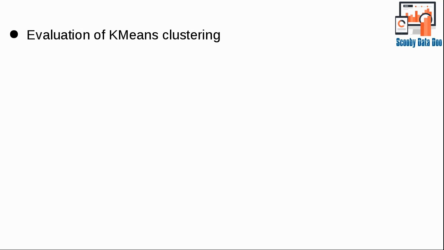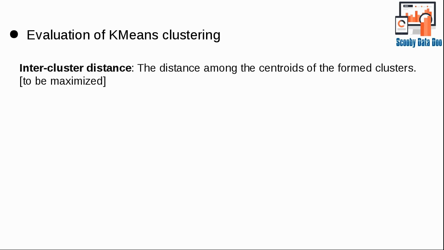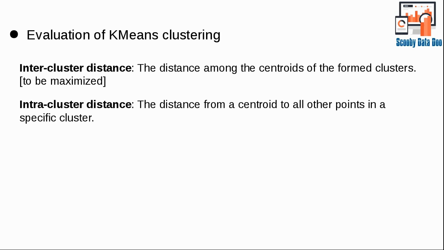Now we talk about some basic evolution methods of K-means clustering. As far as I can remember, I mentioned these two terms, intercluster distance and intracluster distance. So I'll go brief with these two terms in this tutorial. Intercluster distance is the distance among the centroids of generated clusters.